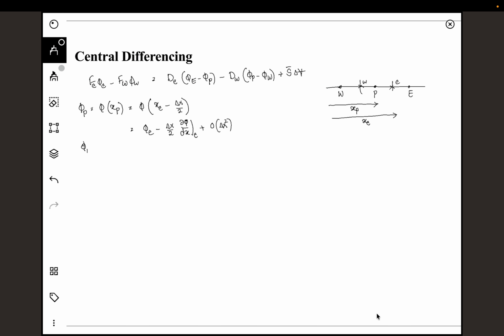Similarly, I can write phi capital E as phi of x capital E, which is xe plus delta x by 2. So that will become phi east plus delta x by 2 del phi del x at the east face, which is again a second order accurate scheme.